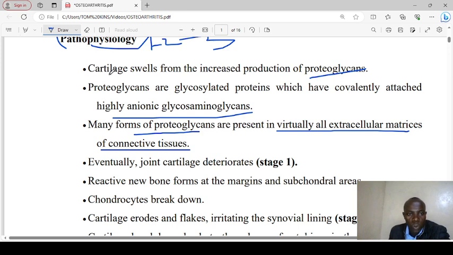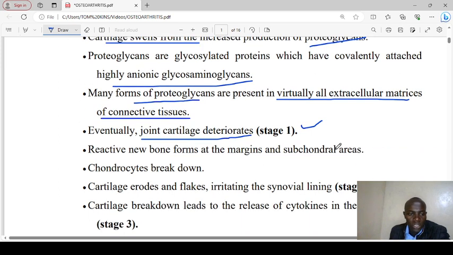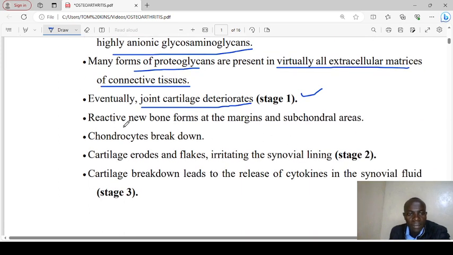So from the swelling of the cartilage, it leads to joint cartilage deteriorating. Okay, it swells as a result of increased production of the proteoglycans, and then eventually the joint cartilage deteriorates, and this sets in stage 1. So we have the reactive new bone forms at the margins.